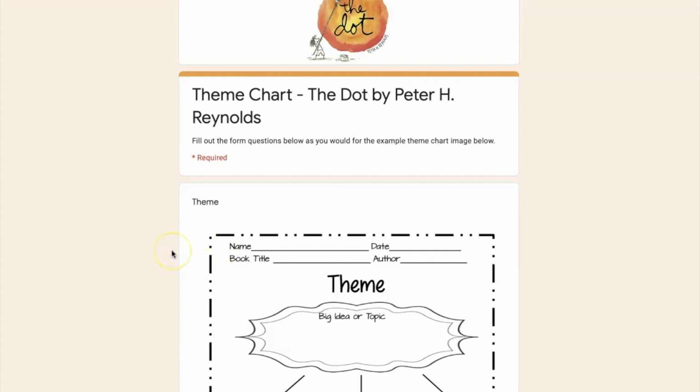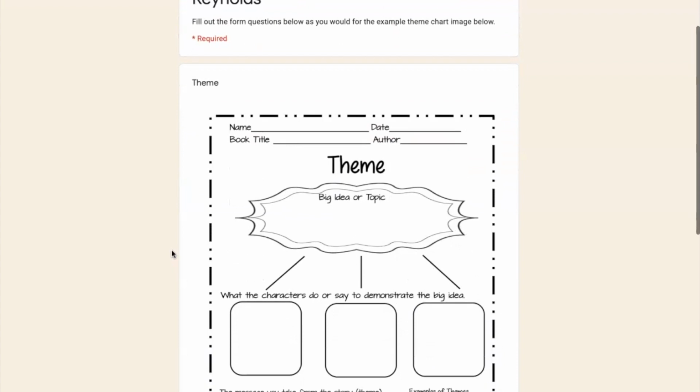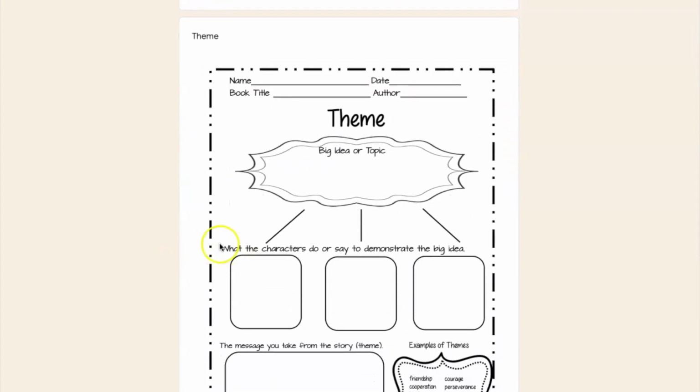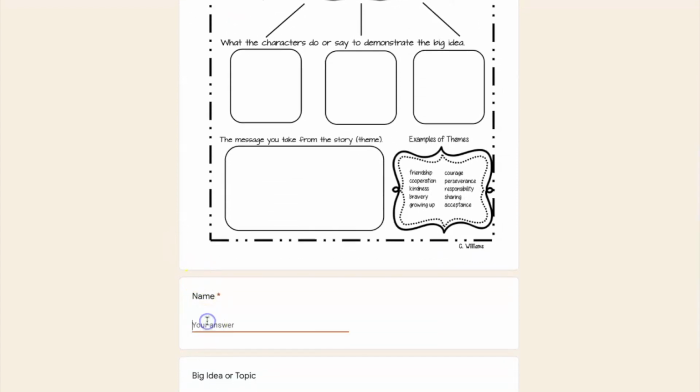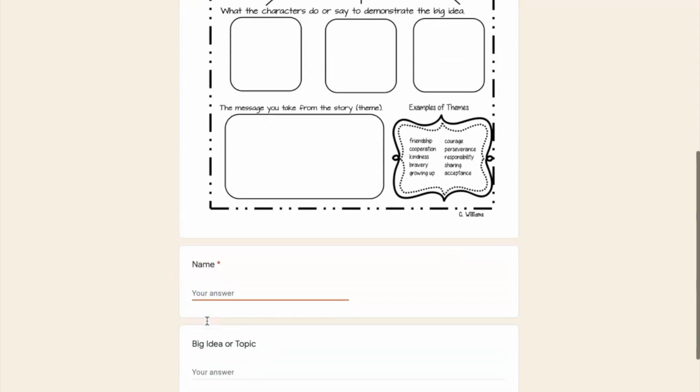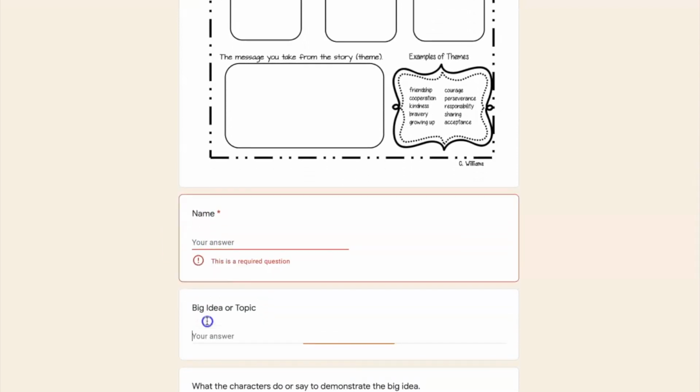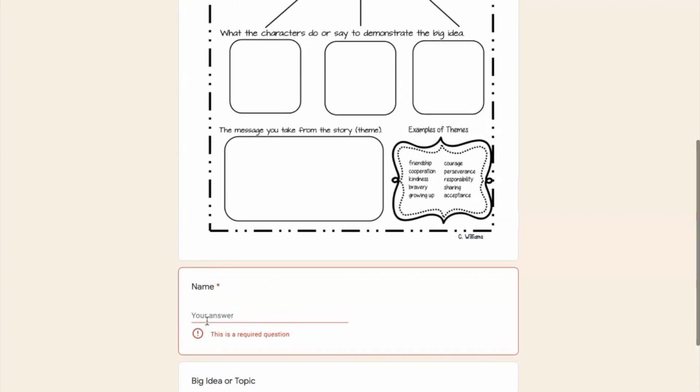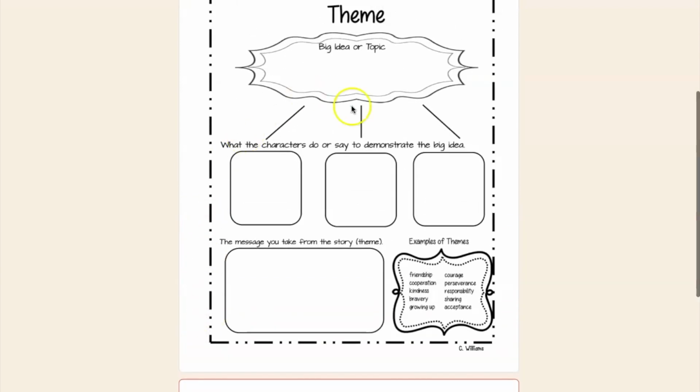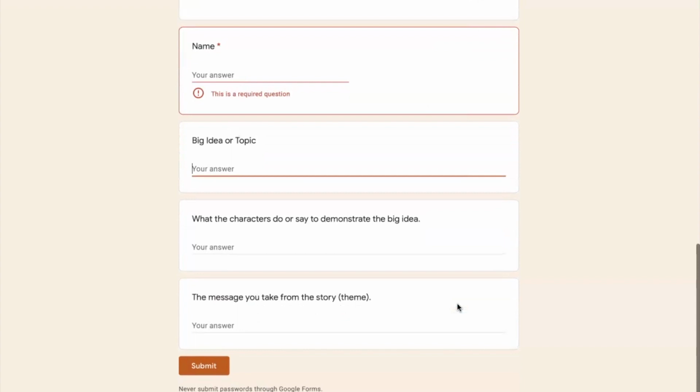So this one, you're just going to scroll down. Super cute chart, but unfortunately it wasn't user-friendly for distance learning, so we had to kind of adapt it the best we could. Your student's going to put their name right here, and then they're going to fill out the answers down here on the chart. So looking up here to kind of get an idea of what it was that was being asked, there are some examples of themes here, and then they're going to fill it out.